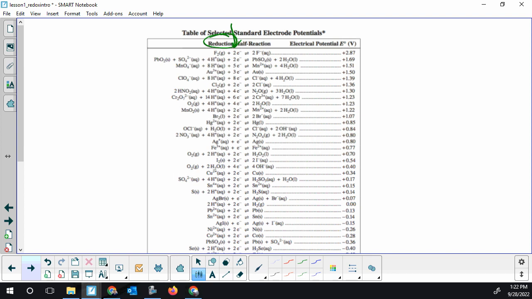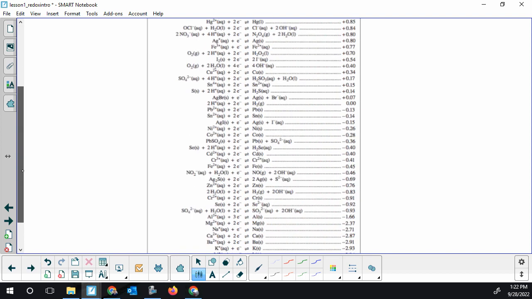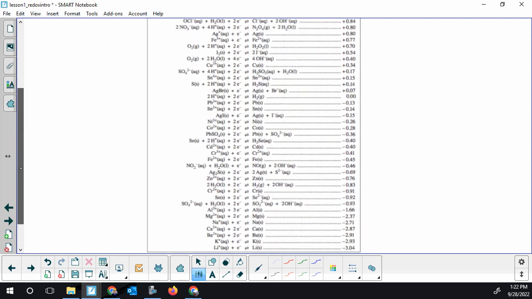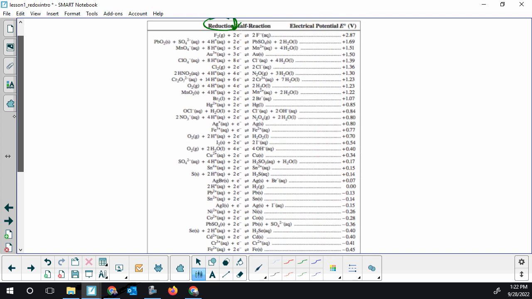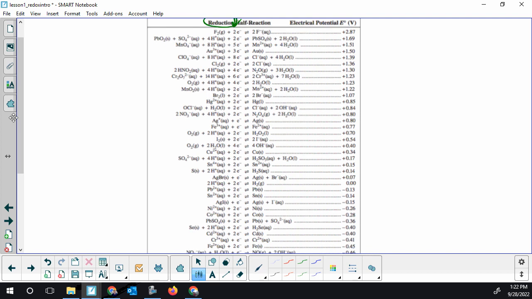Now we'll talk a bit more about the ordering later, but they are ordered from what most wants to be reduced at the top, fluorine gas, to what least wants to be reduced at the very bottom, lithium ions. Okay. But as you're answering questions and writing half reactions, you'll find the correct version in the table as a bit of a double check and to double check charges.